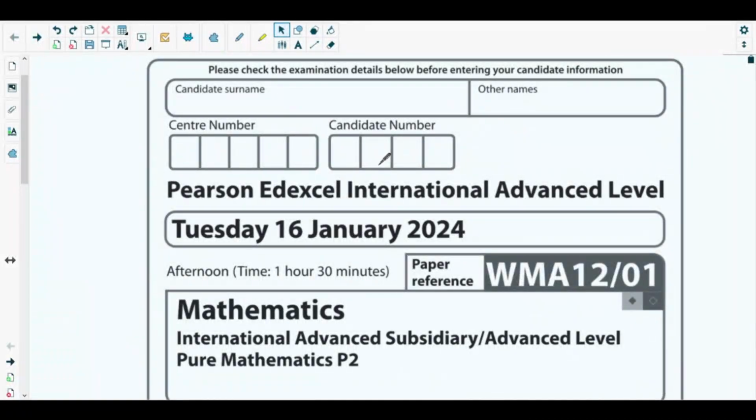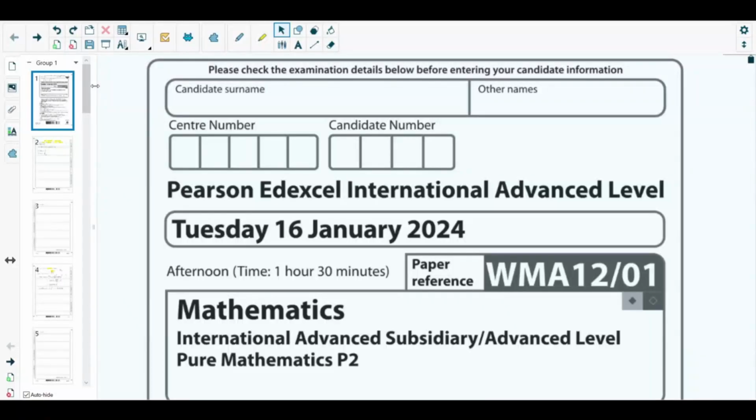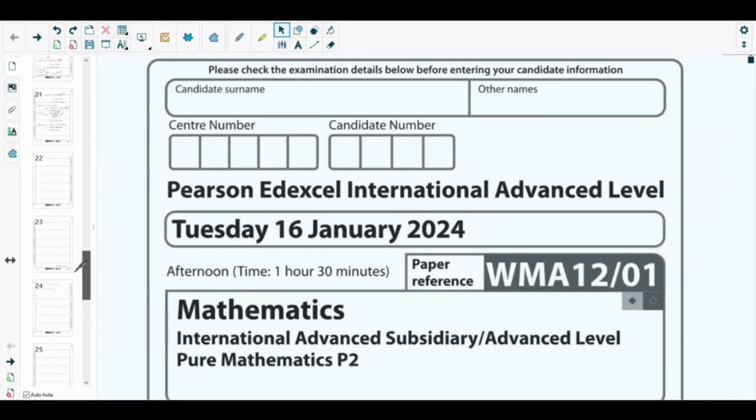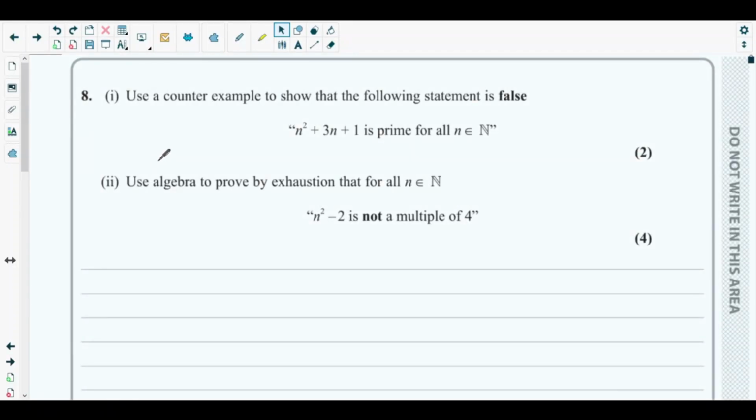So in this video, we will be solving question number 8 from the January 2024 Pure Mathematics 2 paper. So let's see what question number 8 is about. The concepts behind question number 8 are from the very first chapter of your Pure Mathematics 2 textbook, which is proof.